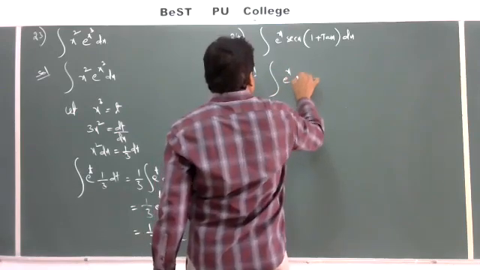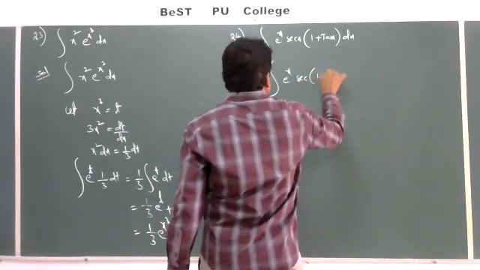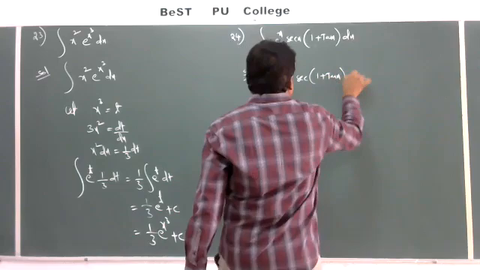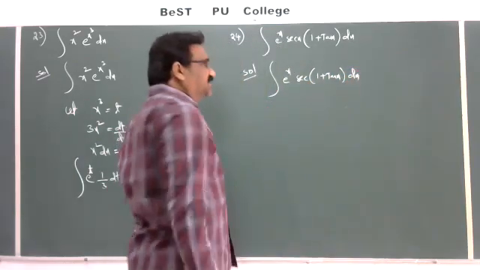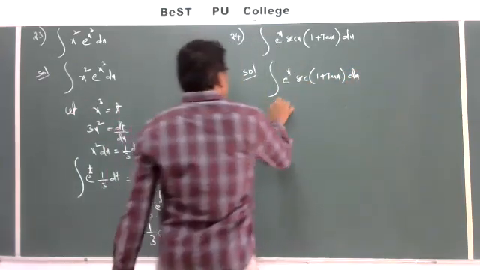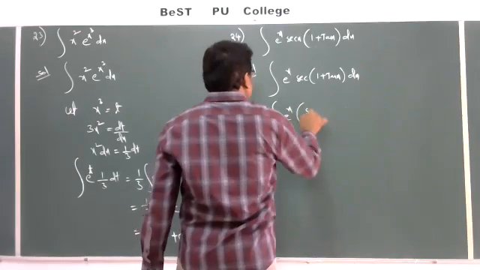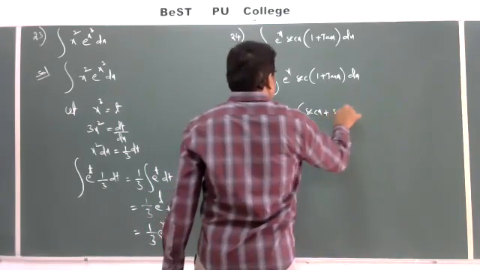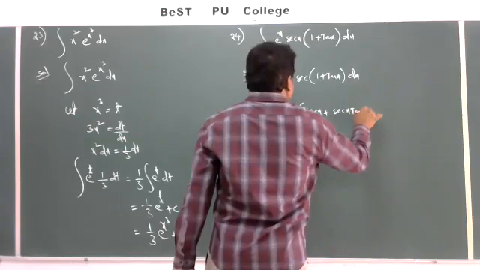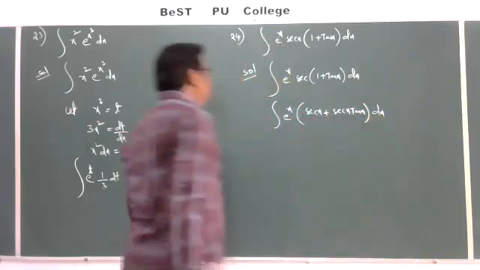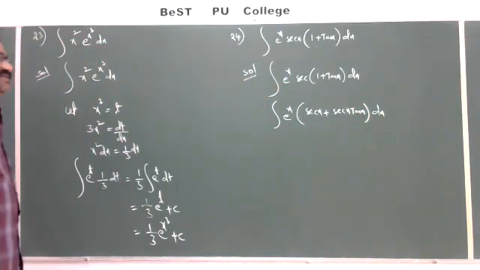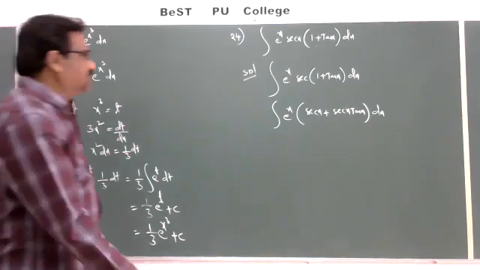Integral e power x into secant x into 1 plus tan x dx. Here, multiplying the secant x into the bracket, you get integral e power x into secant x plus secant x into tan x dx.